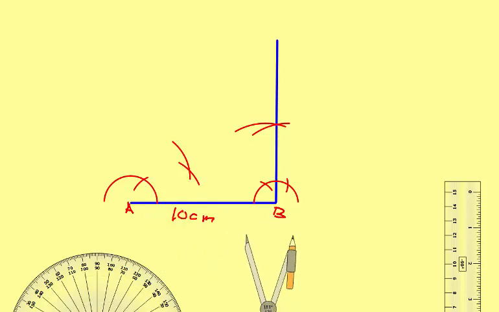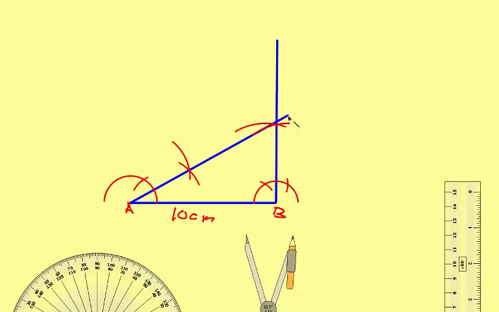So you can use your ruler. For the sake of time, I'm not going to use my ruler. I'm going to use my line straight up. So put your ruler from this point, then construct this to this point. Good.